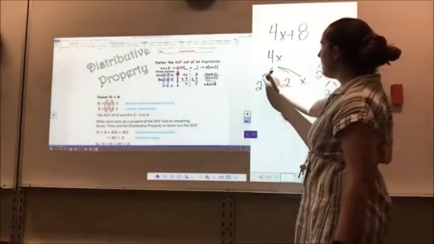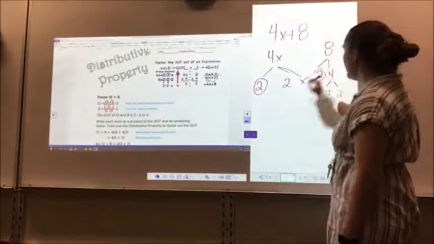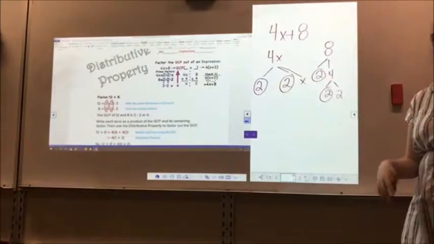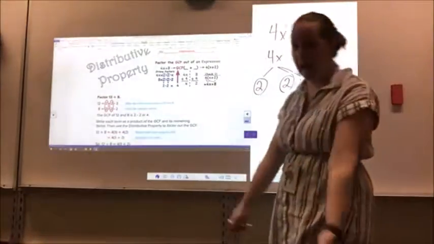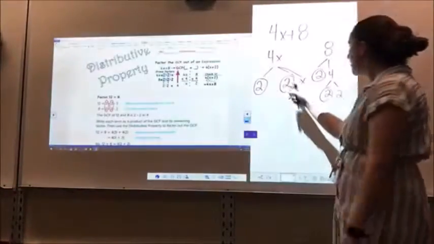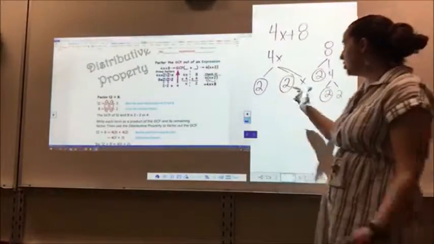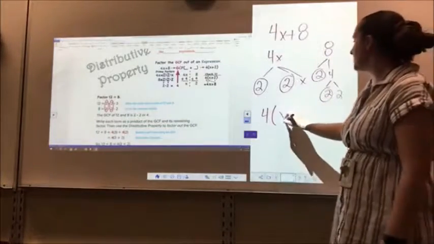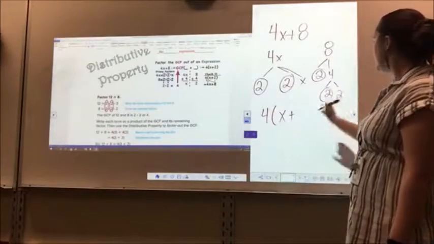Okay, they both have a 2 in common and another 2 in common. That means that's my GCF. That's what I can take out of my expression. So if I take 2 2's, which is really 4, I am left with x plus 2.